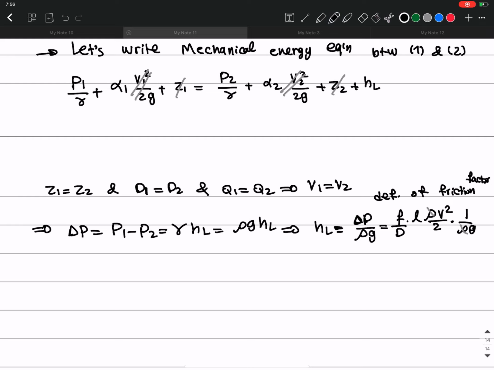And so hL major, this is what we found. hL major in a turbulent pipe flow is going to be f L over D times V squared over 2g.